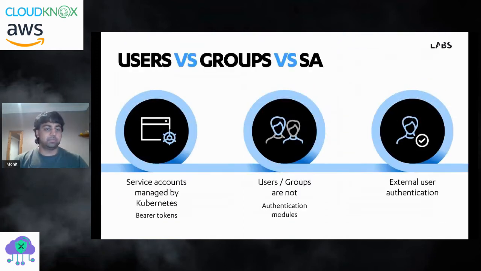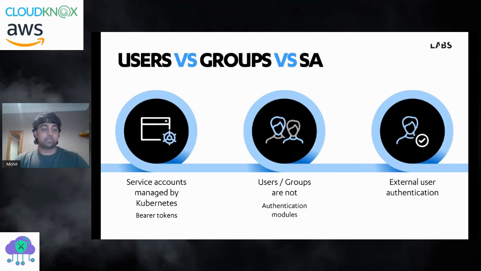Now, of those three targets I mentioned, the only one really managed by Kubernetes is the service account. These are authenticated using bearer tokens, and they are fully managed within Kubernetes, typically with service accounts being created as a resource. The authentication credentials are mounted to pods, so they have access to those service accounts, which they can use to talk to the cluster.